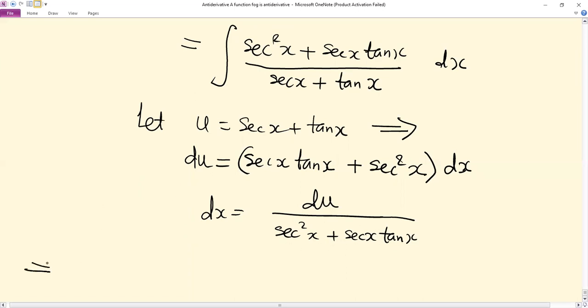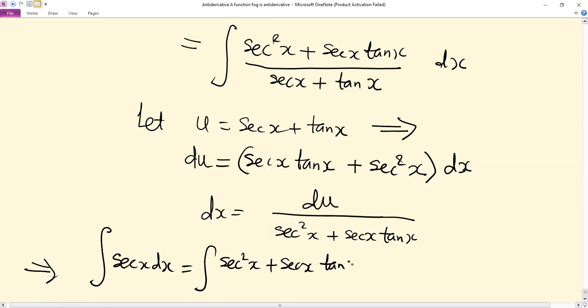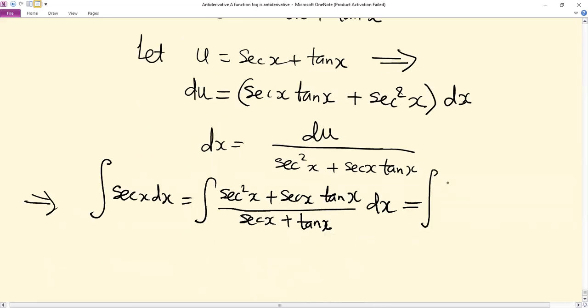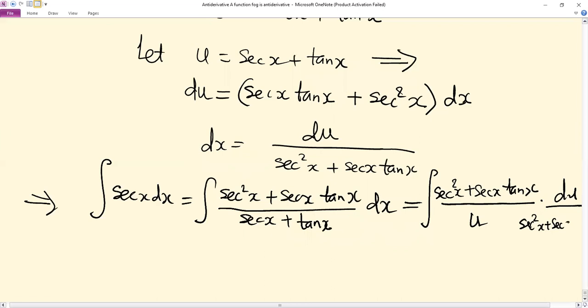So therefore, the integral of sec x dx, which is the same as integral sec squared x plus sec x tan x divided by sec x plus tan x dx, is the same as integral of sec squared x plus sec x tan x over, we have fixed this one to be u, so u times dx is du over sec squared x plus sec x tan x.